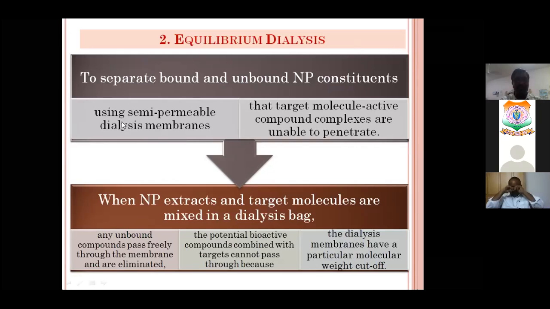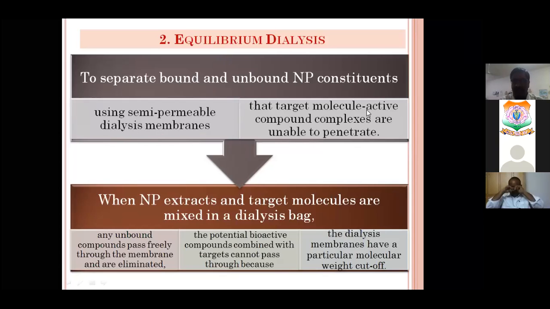Those who are very good in pharmaceutical analysis know the dialysis principle, so I am not going to explain it. The same principle we use here to isolate and identify the bioactive components by equilibrium dialysis. The semi-permeable dialysis membrane will separate the bound and unbound natural product active constituents.